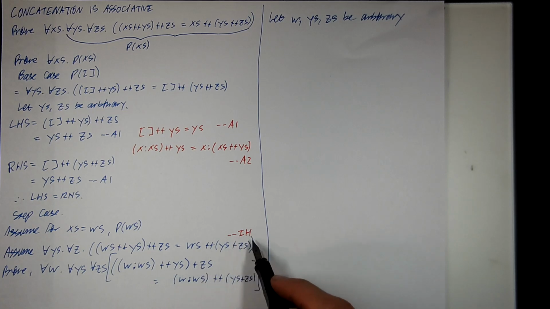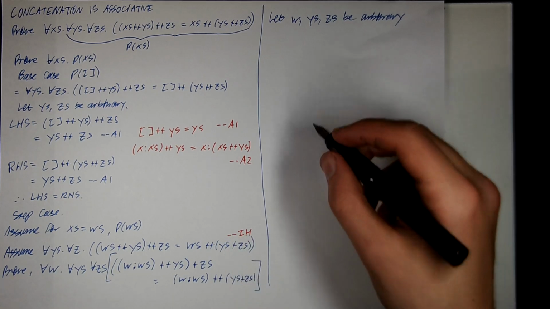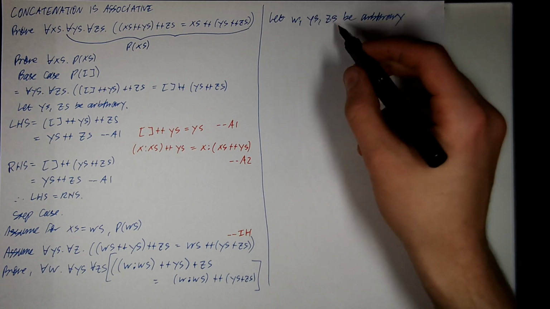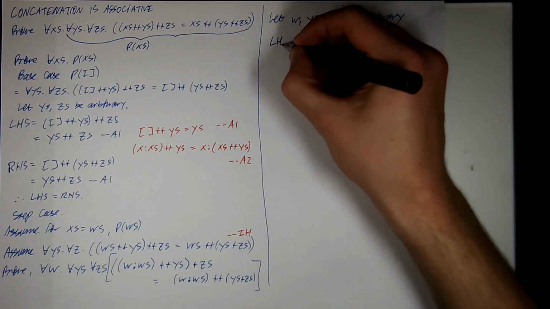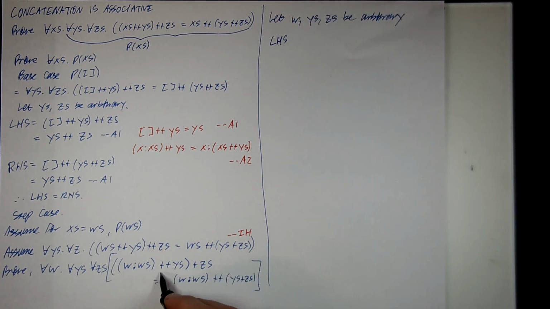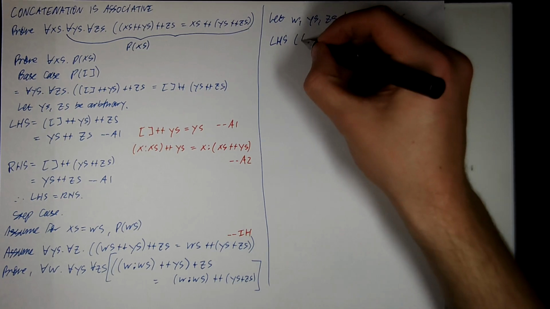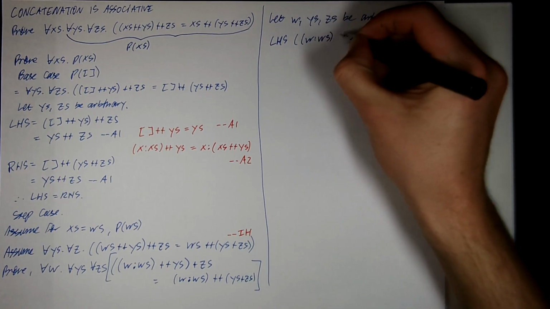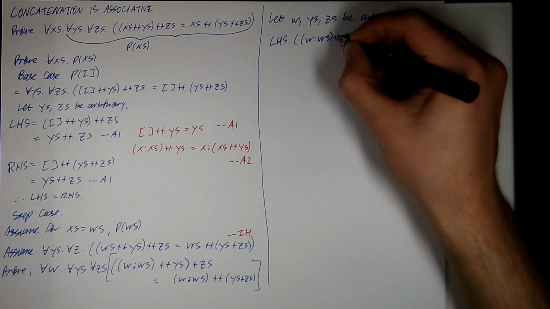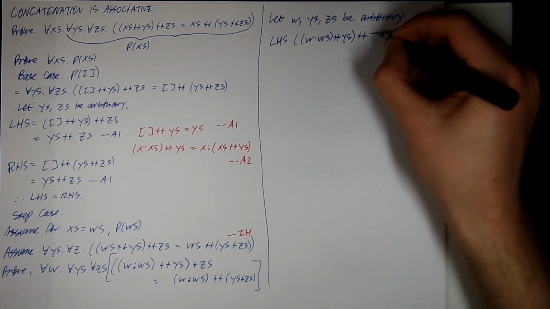Again, we should notate our inductive hypothesis. So our assumption here, we give it this new name, IH, because of the inductive hypothesis. So we want to prove this thing here. Let these terms be arbitrary. Start with the left-hand side, which is ((w cons ws) concat ys) concat zs.